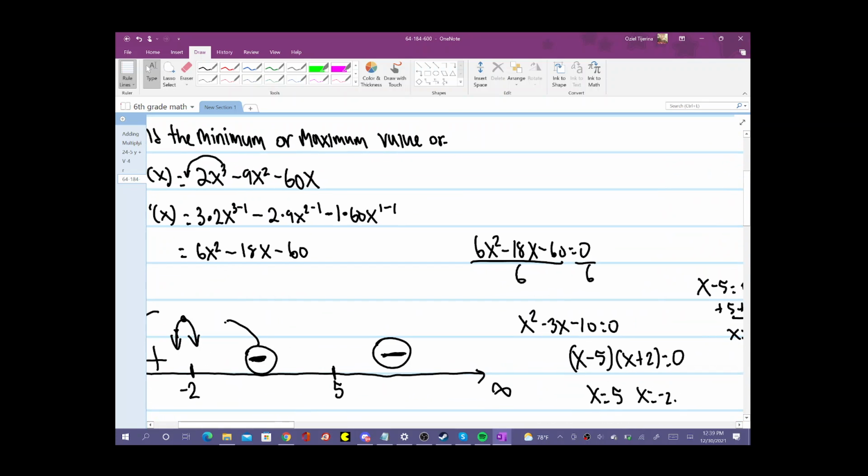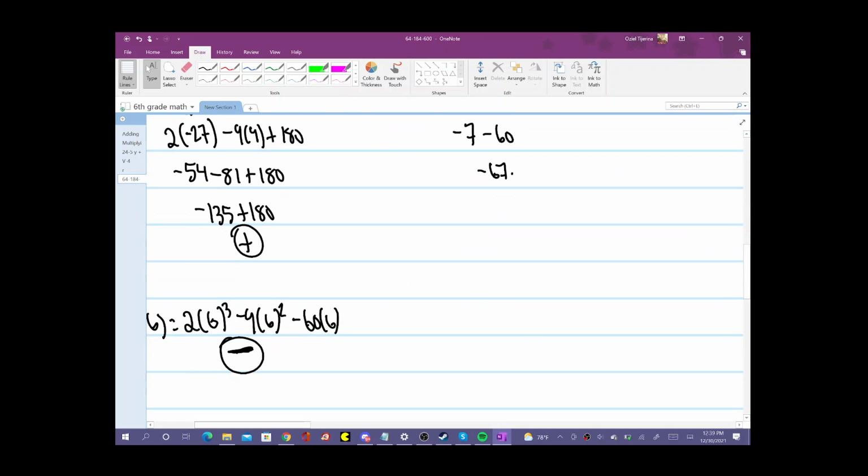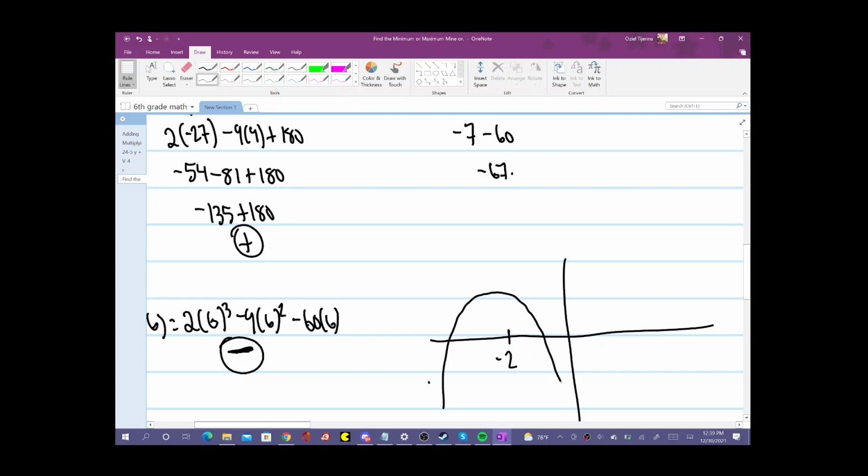So we're going to figure out what that maximum value is. Because it's increasing and then decreasing, it's literally going like this. So imagine we have a graph, and this is negative 2. It's literally going like this, right?